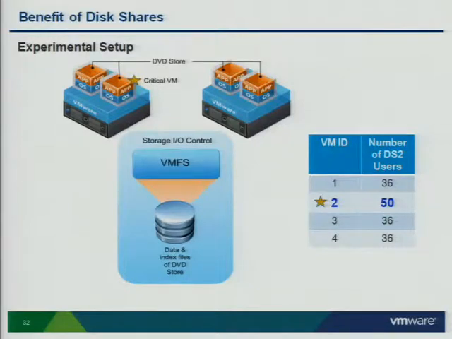And for the second part of the experiment, storage I/O control was turned on this data store. The user load for DVD Store workload is given in the table on the right-hand side. One of the VMs was identified as a critical VM, and the user load configured for this VM was the highest.